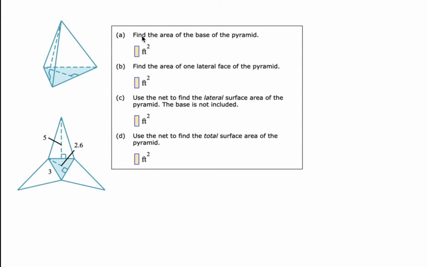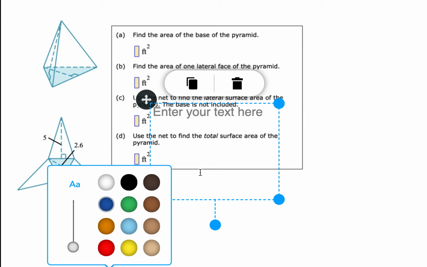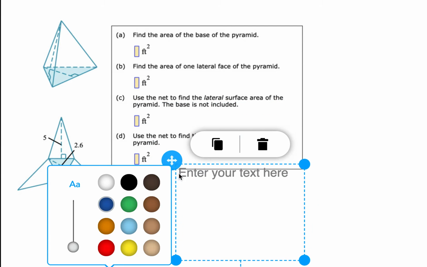Let's begin. First it says, find the area of the base of the pyramid. The base is right here highlighted and colored in blue. If I go to that net where it's open, they're going to give me information. They tell me that, hey, the height is always that dashed line, and it's saying that it's 2.6. Now don't forget, I'm going to write down my formula because I don't want to goof it up.